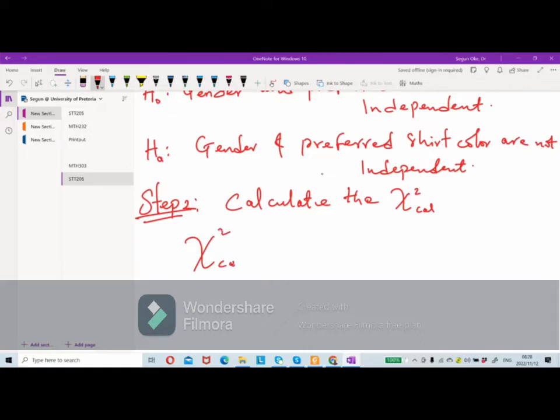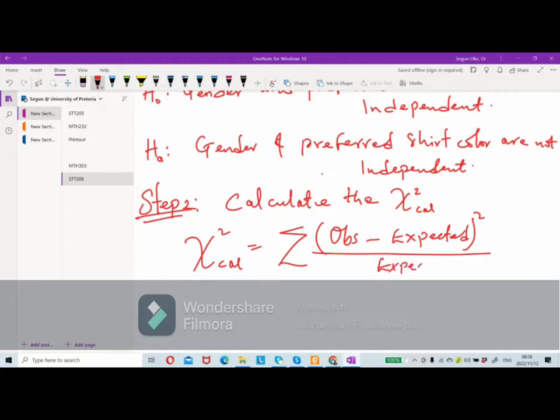Calculated will be the summation of observation minus expected, all squared, divided by expected, which is the same thing as chi-squared equals the summation of (O minus E) squared over E. The summation of everything, the entire thing.